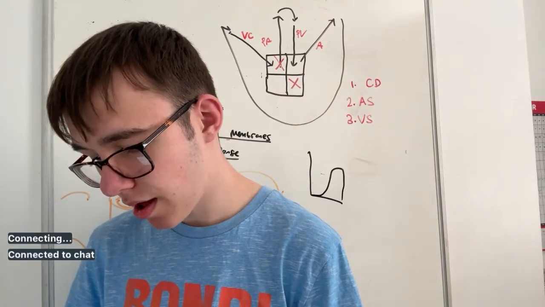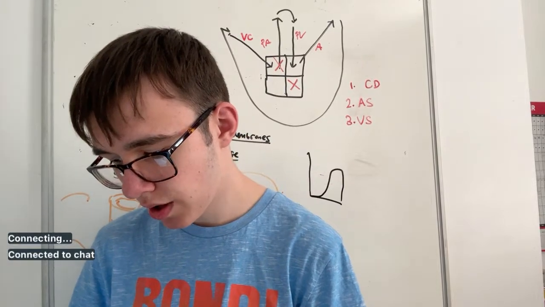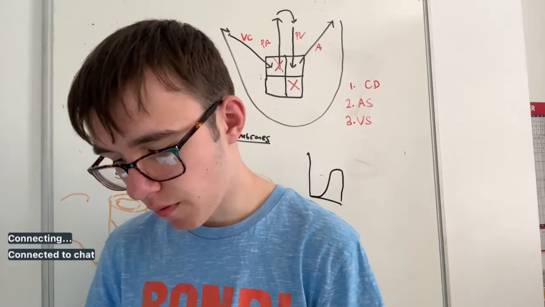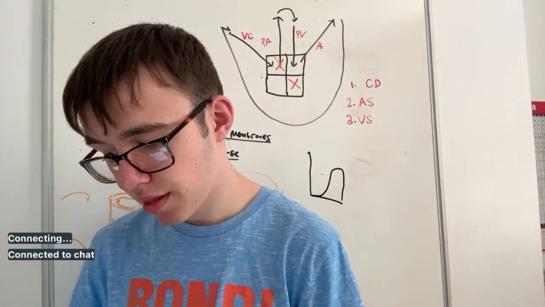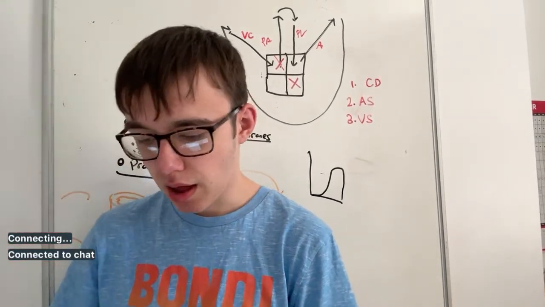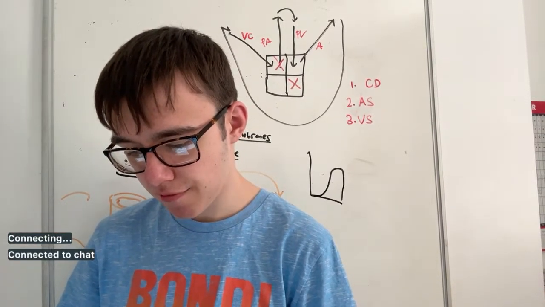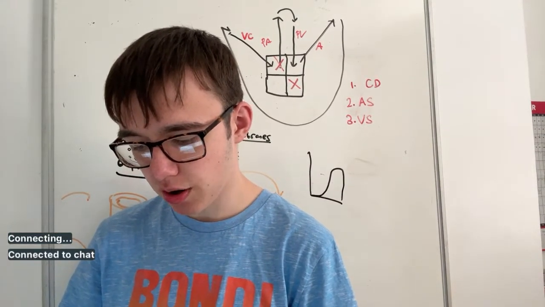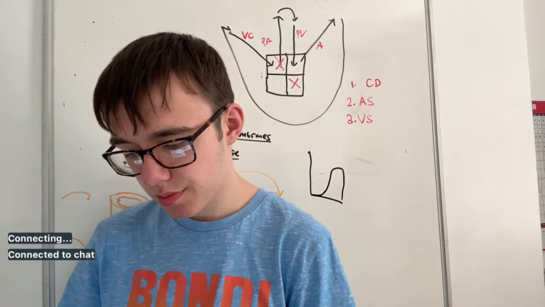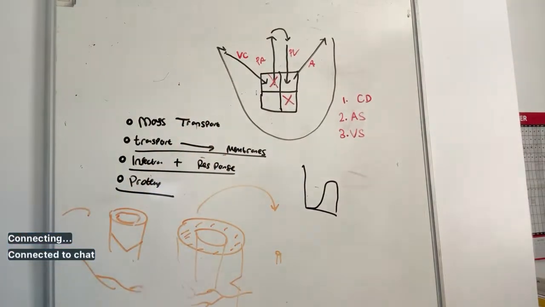This leaves the cells with a negative, so it lowers the water potential, so water moves in via osmosis. The water tension pulls the water into the leaf, and because they're cohesive, this pulls the entire column of water upwards, and then more water enters.